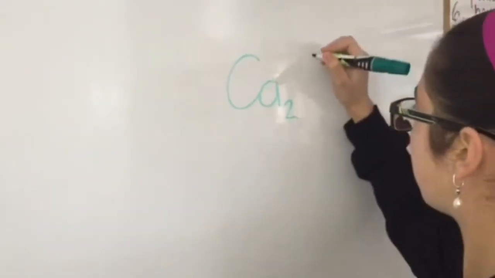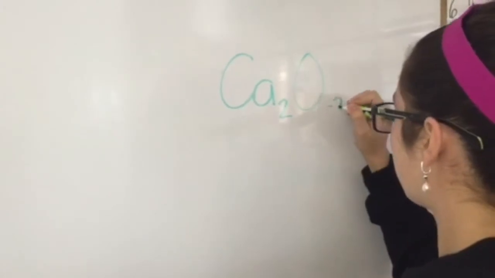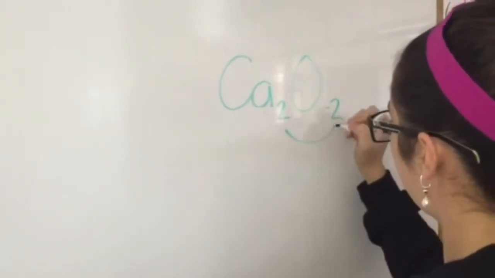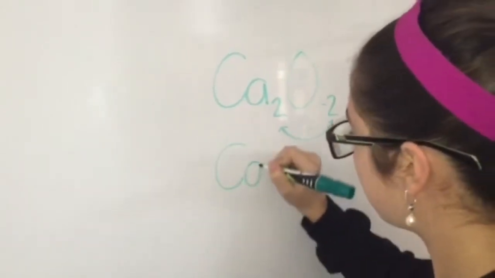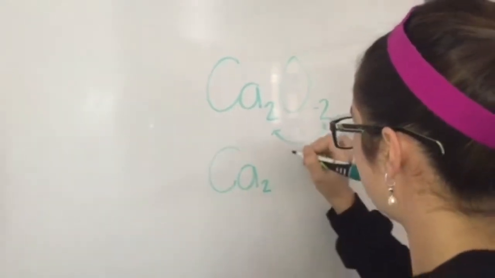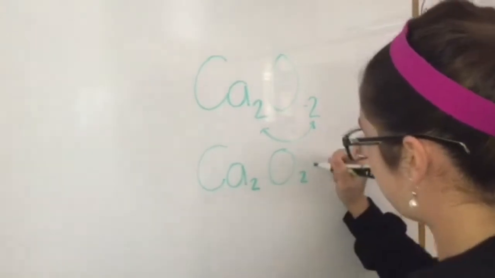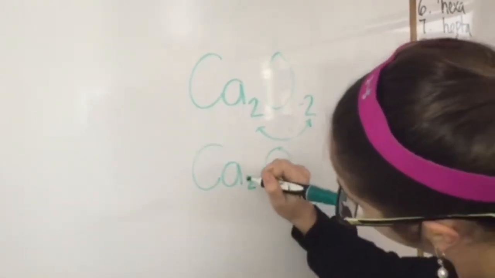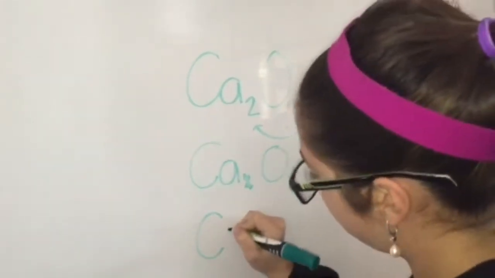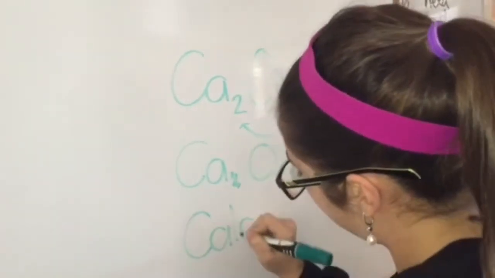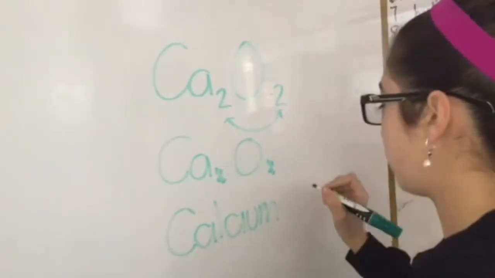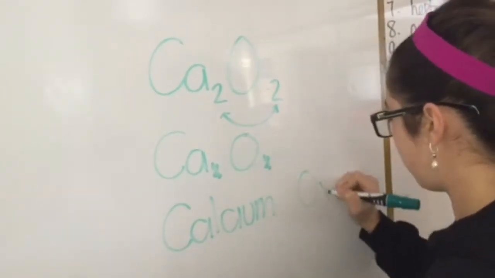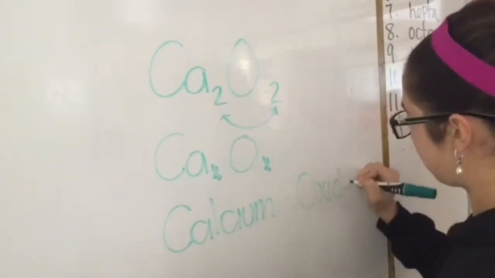Now we have calcium 2, oxygen -2. So you exchange the numbers, and now you have calcium 2, oxygen 2. Because 2 over 2 can be simplified, you put them as 1. And the 1 doesn't count, so you can write calcium oxide.